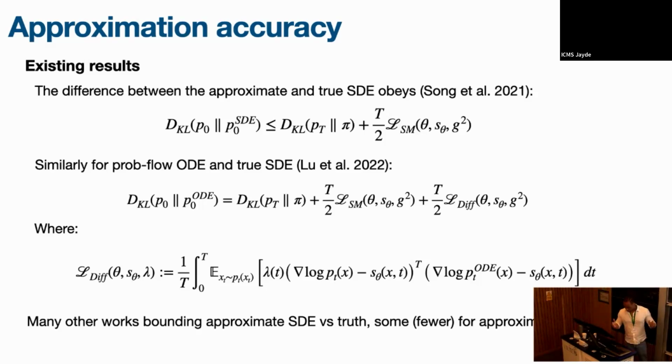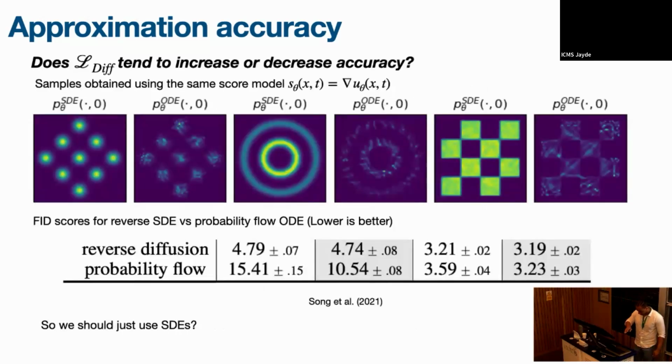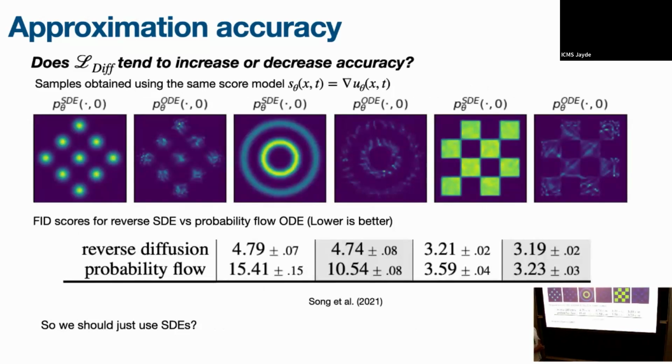So while we can't make heads or tails of this by looking at it directly, we can investigate practically what comes out when you simulate these things. The top are some experiments that I've run, again on those three data distributions that I showed you at the start. I train a score model with one of those loss functions, and I sample using the approximate SDE and the approximate ODE, and you get distributions that look like this.